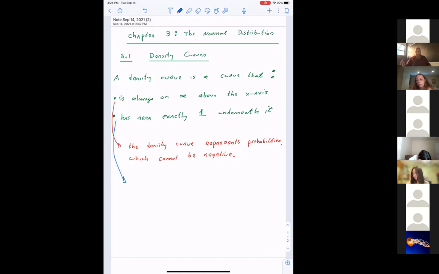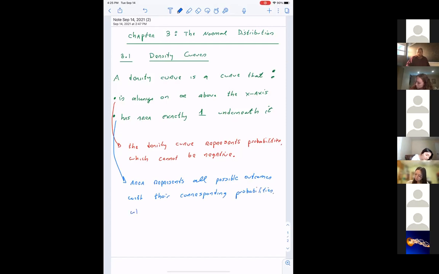And if the sum of the rectangles has to be 1, then the area under the curve has to be 1. So the area under the curve has to be 1 because the area represents all possible outcomes with their corresponding probabilities, which must add to 100%, which must add to 1.